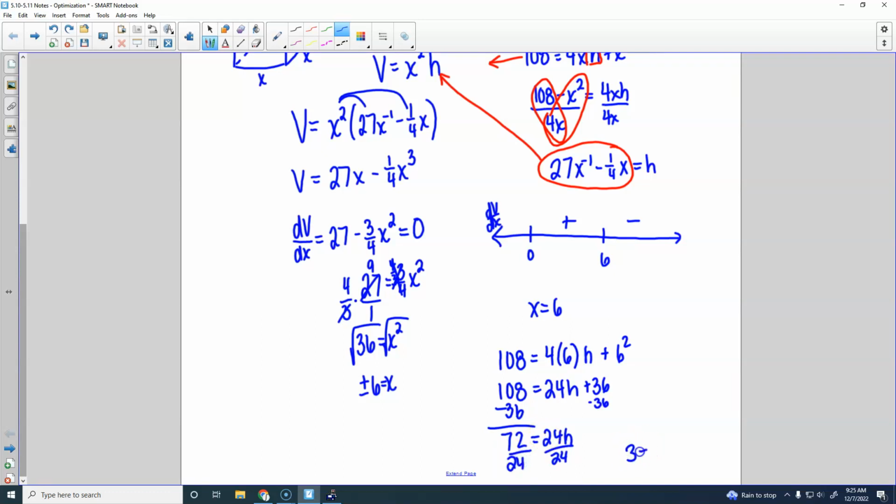And 3 is our height. So 6 by 6 by 3, what are we measuring this in? Inches. So 6 inches by 6 inches by 3 inches. That would give you your maximum volume.